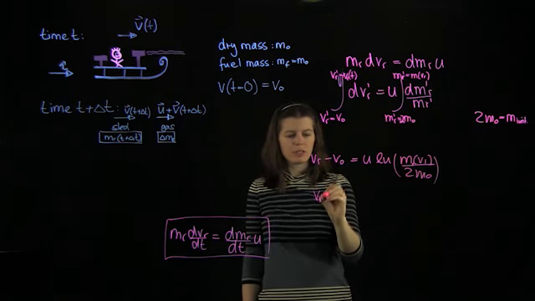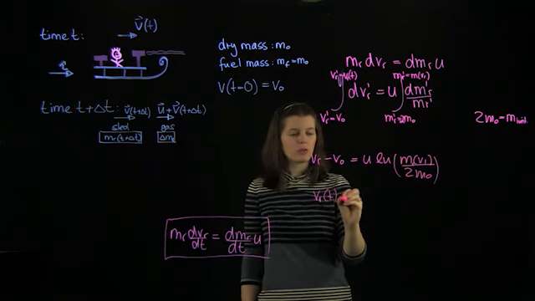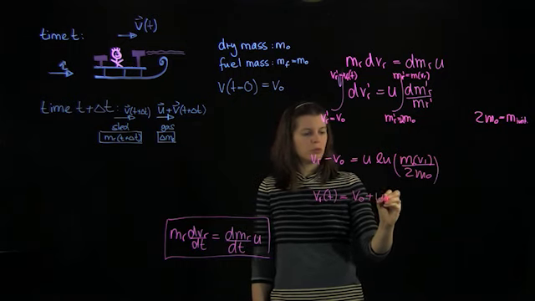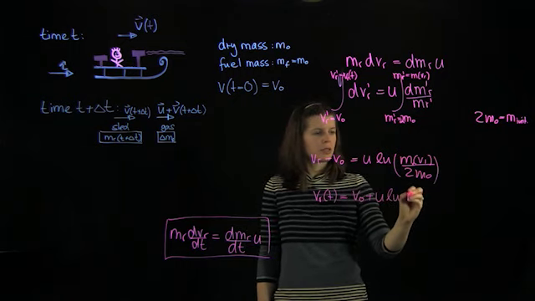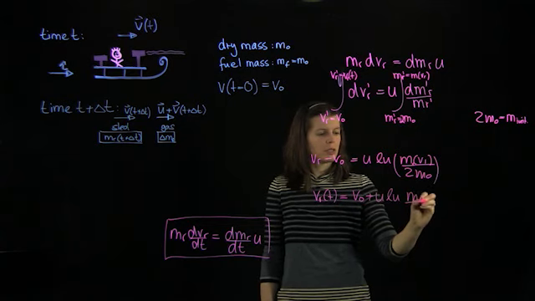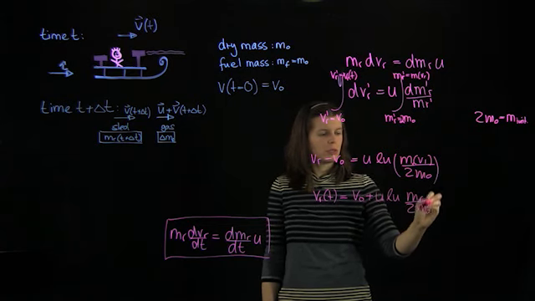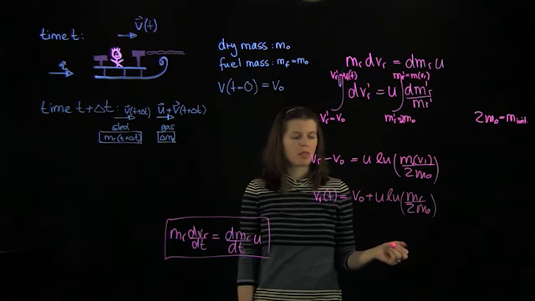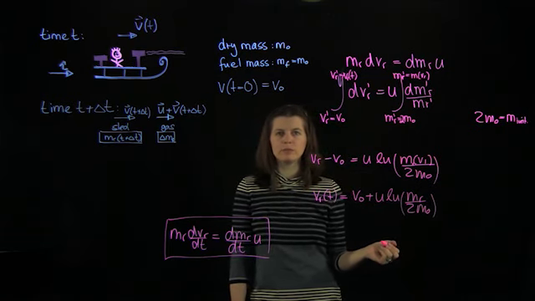Well, we ultimately want v_r of t, of course, and then we get v_0 plus u ln m_r over 2 m_0. And that is our equation.